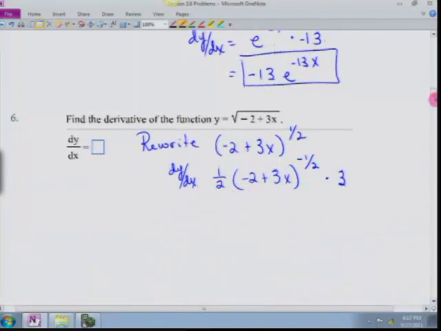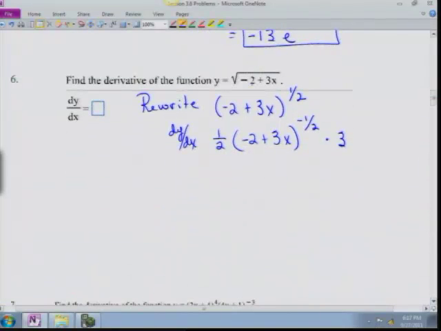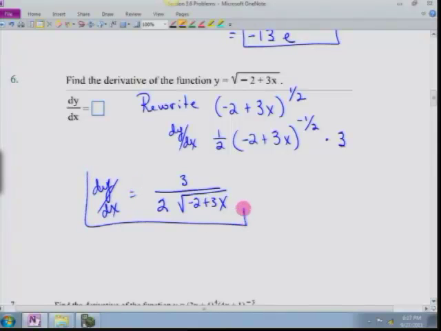Okay, now, when there's a radical in the problem, typically they want you to put it back into that form in the answer. So, probably 3/2 over the square root of negative 2 plus 3x. Because this is 3 times 1/2, so that's your 3/2.